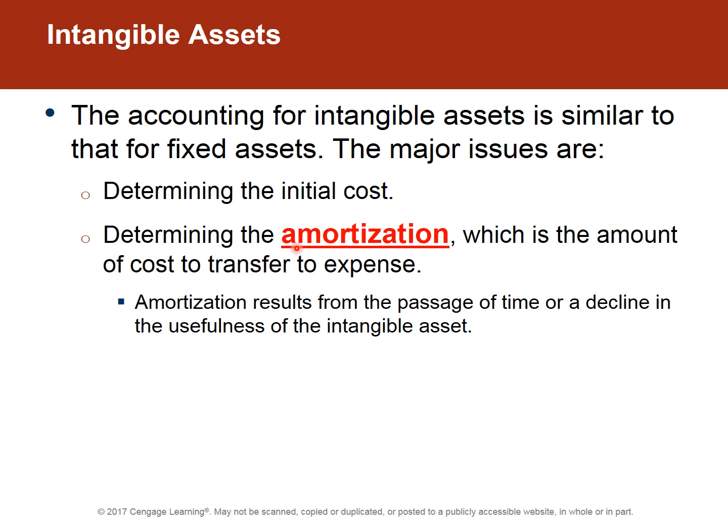A lot of people have trouble with that term, amortization. Amortization is a result of just the passage of time. Because copyrights are for a certain period of time, or a patent is for a certain period of time, it shows that that time is expiring. And that's the amount of cost to transfer to an expense, because intangible assets are also considered assets.